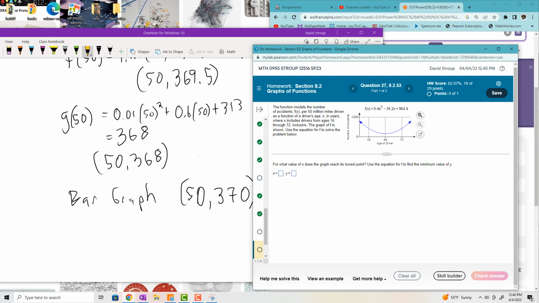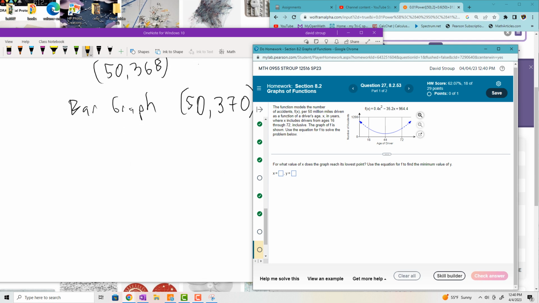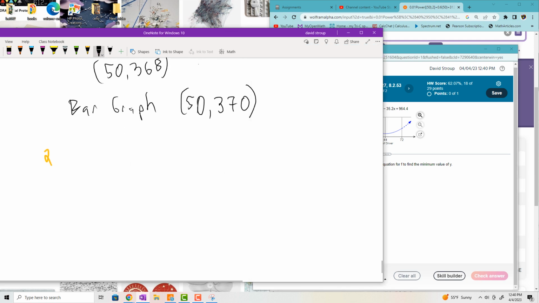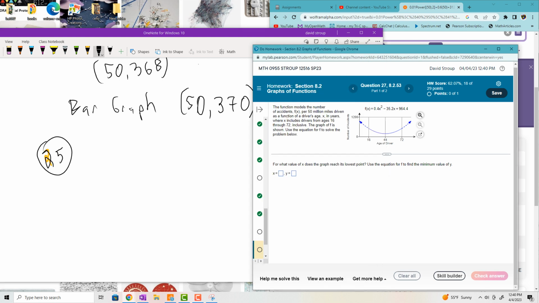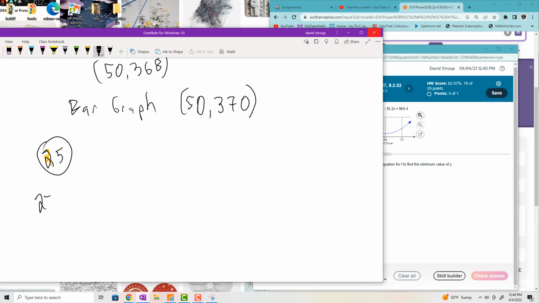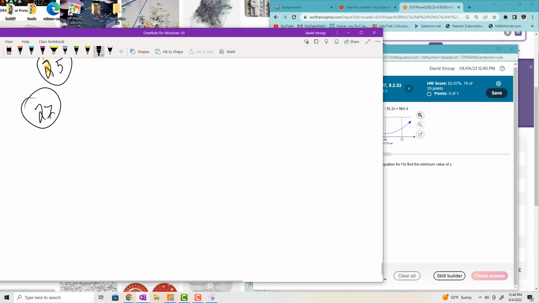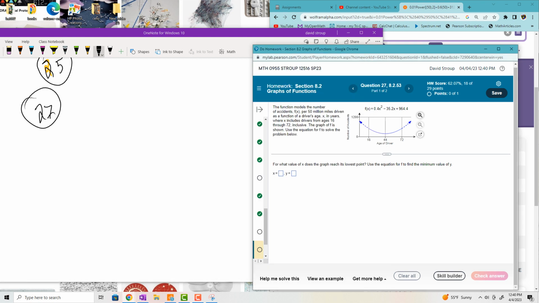They give you a function that models the number of accidents, f of x, per 50 million miles driven as a function of the driver's age, x in years, where x includes drivers from 16 to 72, inclusive, so that means it includes people age 16 and includes people 72.